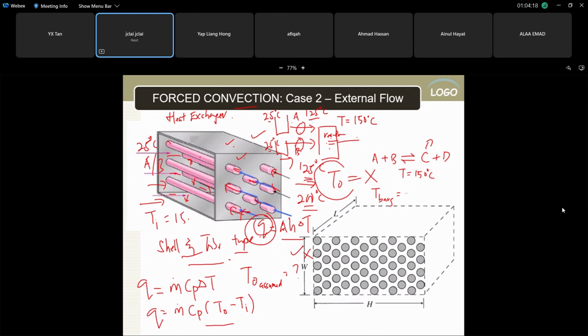That's why you use this to verify whether your assumed T out is correct.